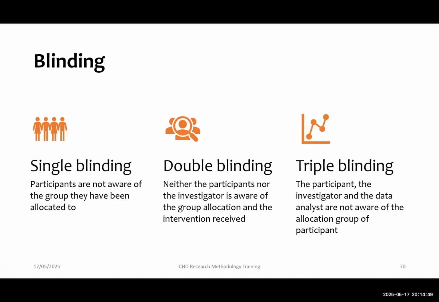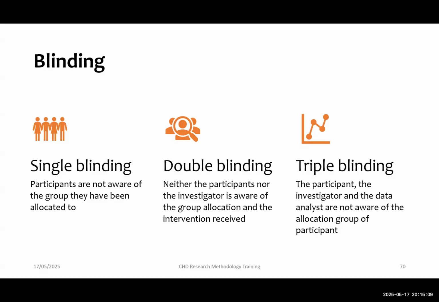He just knows that people in group A are taking this and people in group B are taking that, but he doesn't know who is in group A or who is in group B. Then triple blind is where the participant, the investigator, and the data analyst are all blinded. They are not aware of who is in which group.